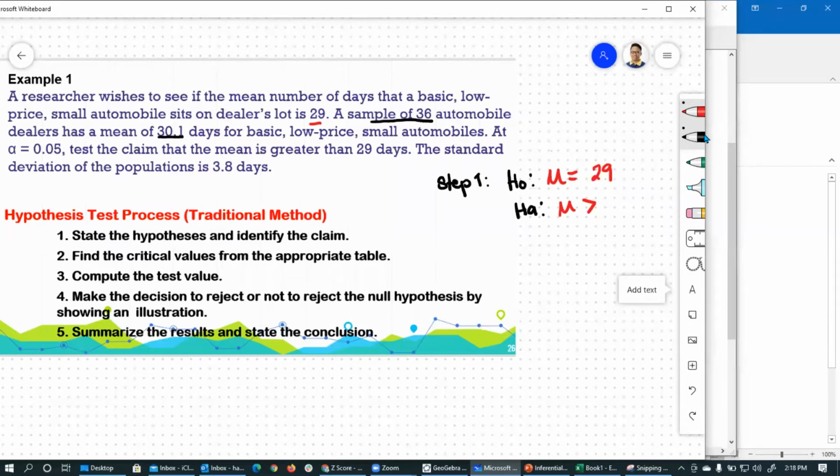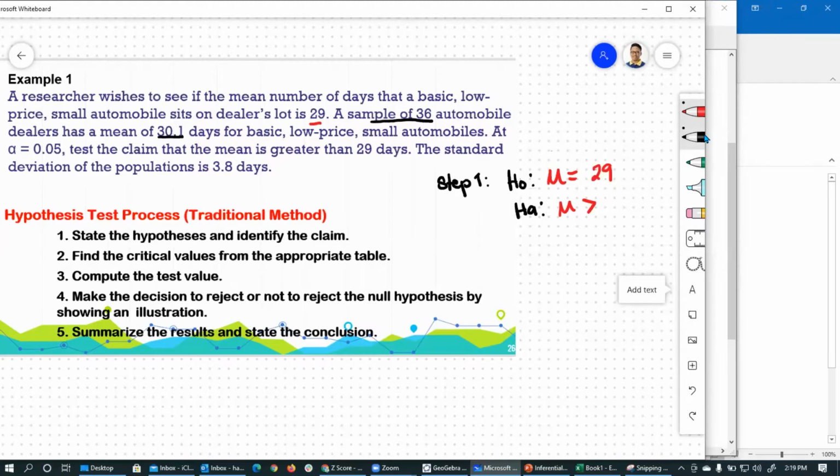It says that the researcher wishes to check if the mean days a basic low price small automobile sits on a dealer's lot is 29. And to make sure if it's really true, he picked 36 automobile dealers. And those 36 automobile dealers produce 30.1 as the mean days for that sample size.